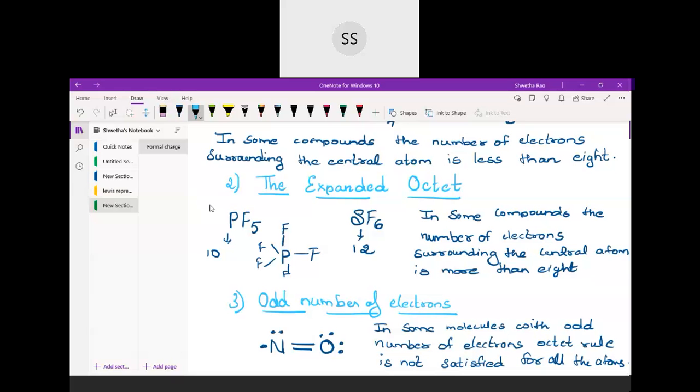Now, one more thing I want to ask you students: this octet theory is there, no? He compared it with which type of elements? He came up with this octet theory by comparing with which elements? I told you this in the beginning when I started with chemical bonding. Which were those elements which he compared with? Could you tell me?